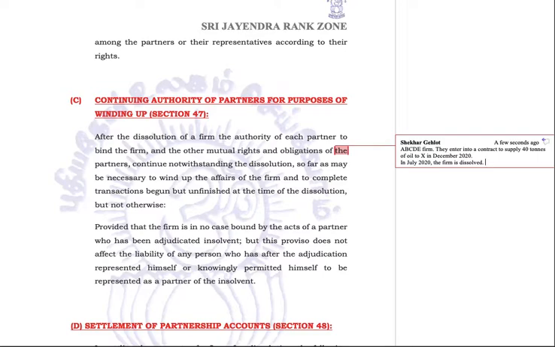The firm is dissolved. However, despite the dissolution of the firm, because this contract is pending, the partners could still purchase the oil and supply it. The partners' authority will still continue till the time any contract which is pending has to be fulfilled.